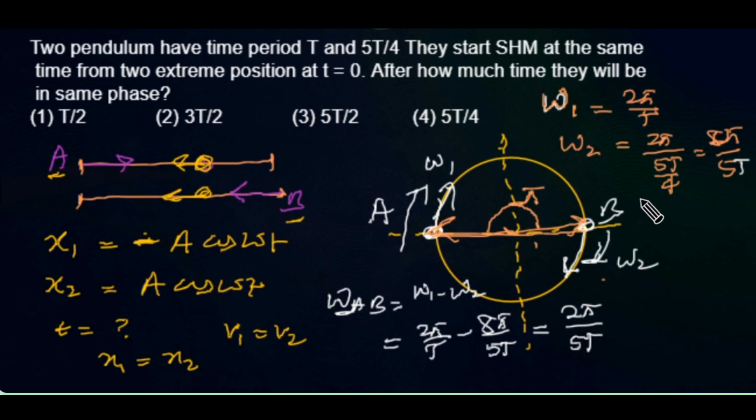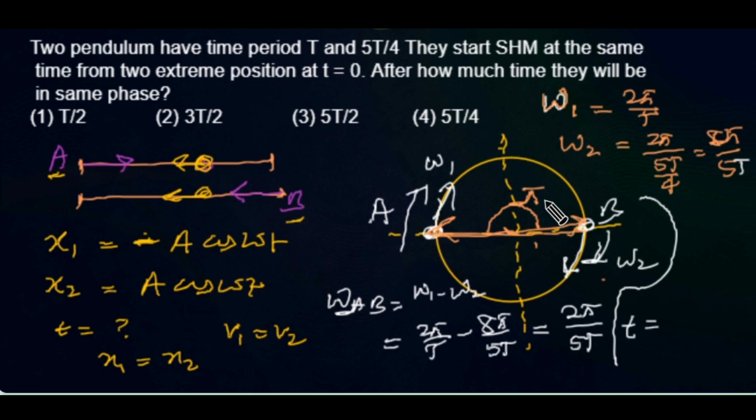And how much angle does it have to travel? The angular distance between them is π. So you can find the time by which the gap between them, which is π, will be filled up or reduced to 0.